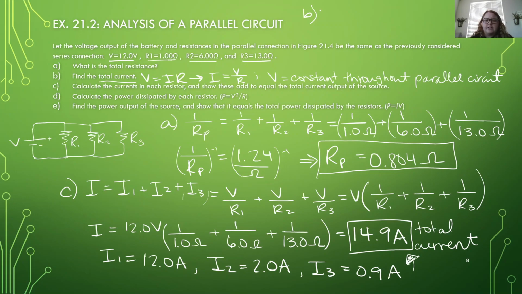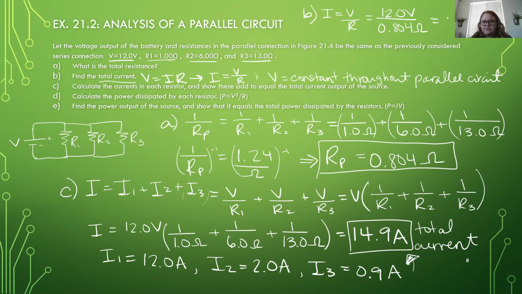So V is equal to IR, or I is equal to our voltage over our resistance. Our voltage is again 12 volts, and our resistance is what we solved for in part A, which is 0.804 ohms.